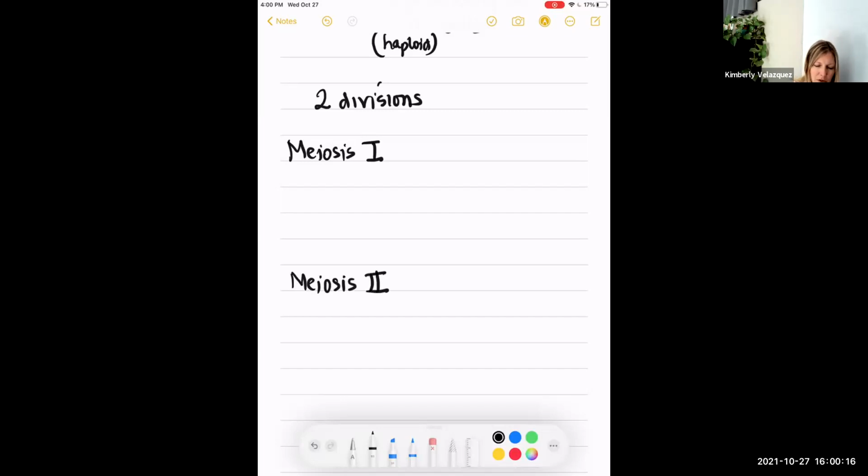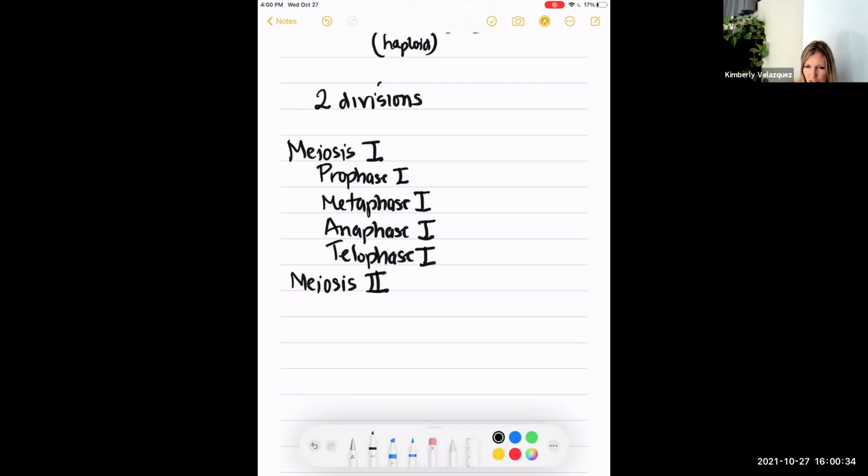Meiosis One includes Prophase One, Metaphase One, Anaphase One, and Telophase One. And then same thing for Meiosis Two. I'm just going to write PMAT this time because you now know what that stands for. Prophase 2, Metaphase 2, Anaphase 2, and Telophase 2.